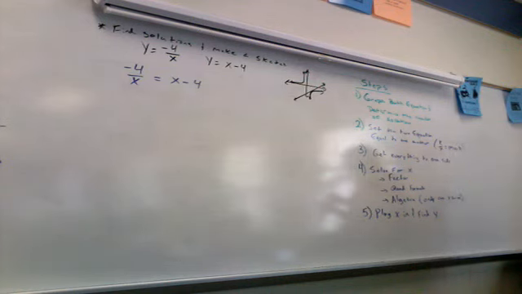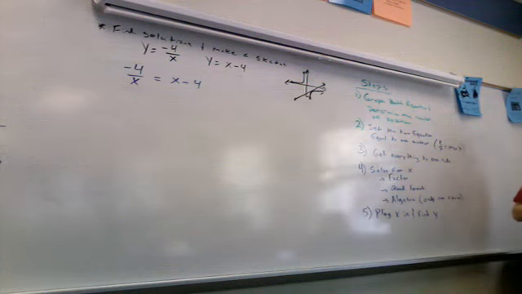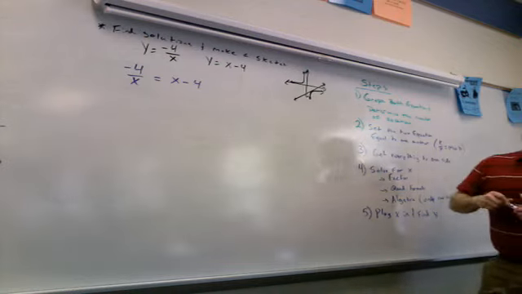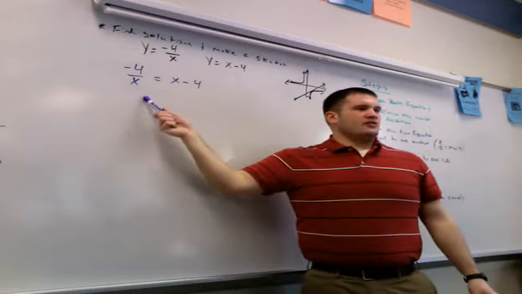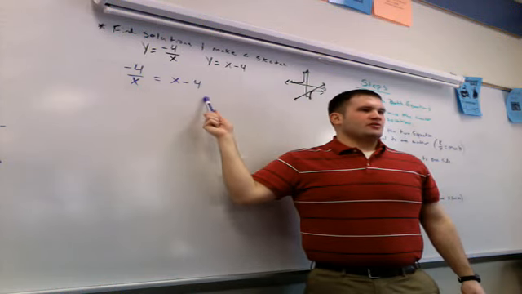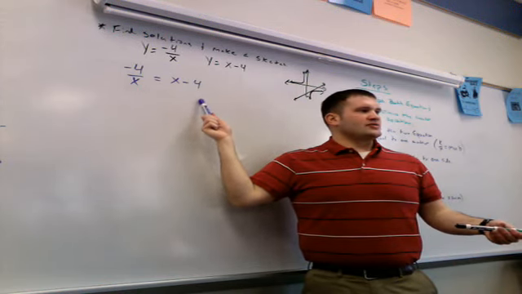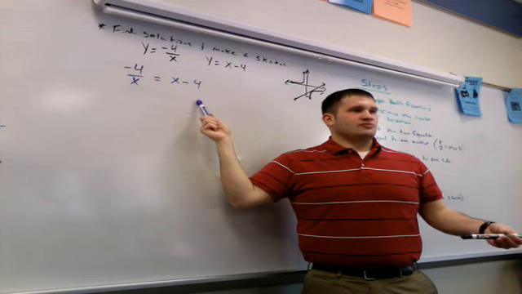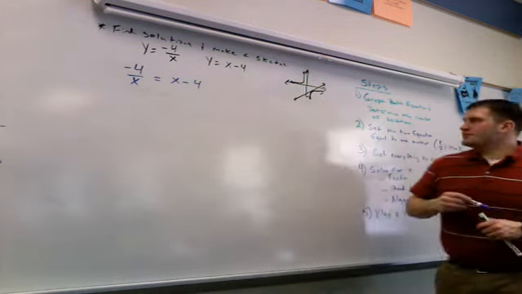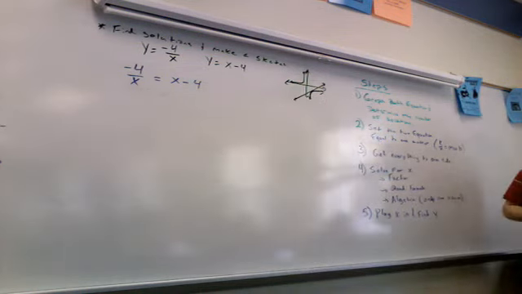That's why if you look at our title for today's lesson, it says of the form k over x equals mx plus b. Now is that what I have? k over x, mx plus b. Is that the correct form, guys? Yeah. So step 2, set the two equations equal to one another.